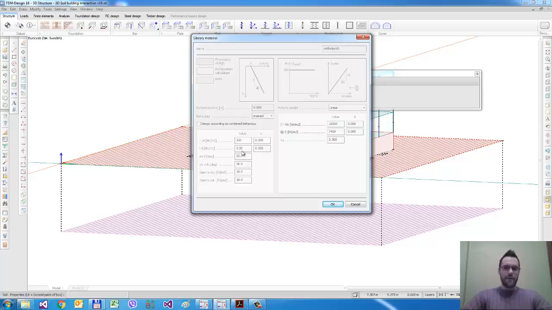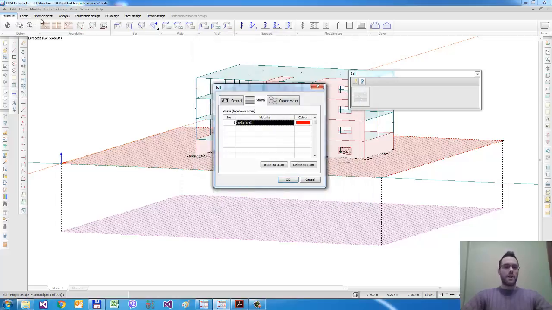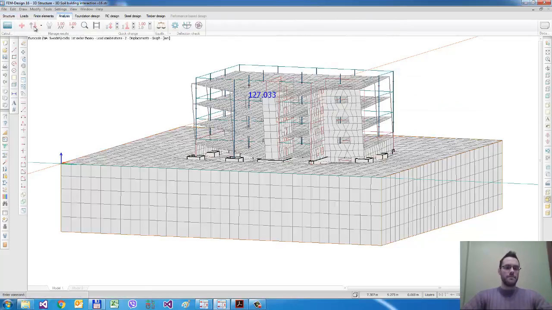So the friction angle is 30 degrees and the cohesion was 5 kPa in this case, and the Young's modulus of the soil is about 7,000 kPa, and the Poisson's ratio is 0.3. And we consider in the calculation the nonlinear behavior of the soil.